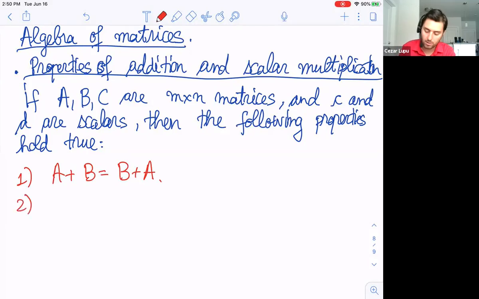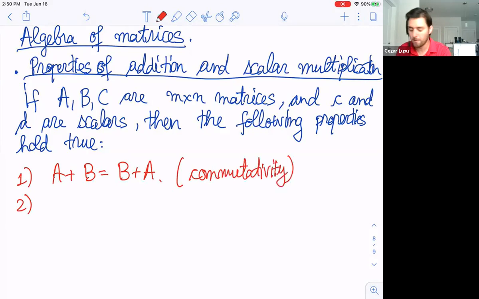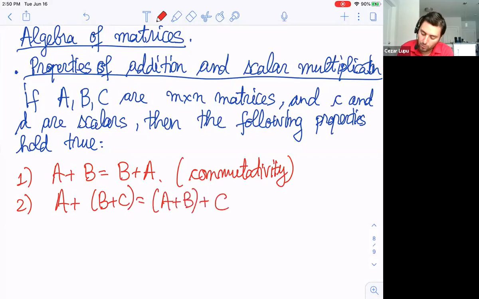Okay, that's a good thing, because for matrix multiplication, this will not necessarily hold true. The second one is associativity, which is a great thing. So (A plus B) plus C is nothing else than A plus (B plus C).